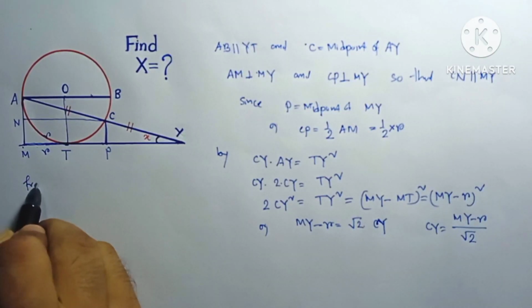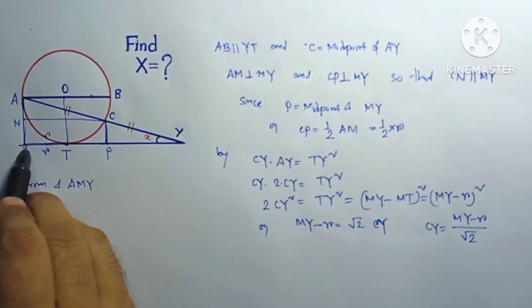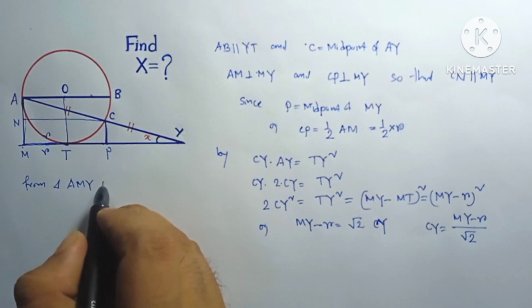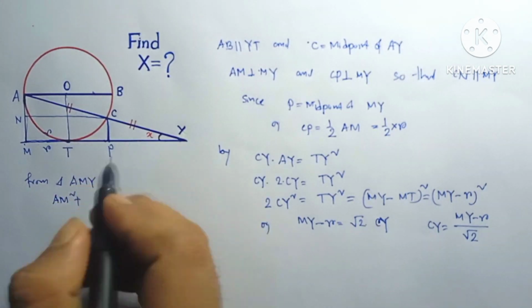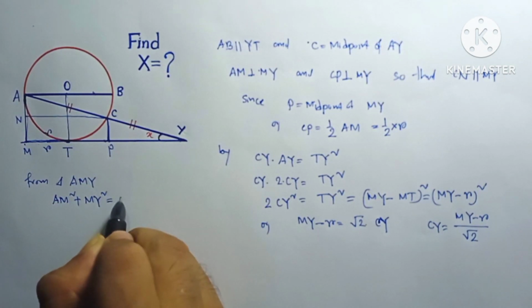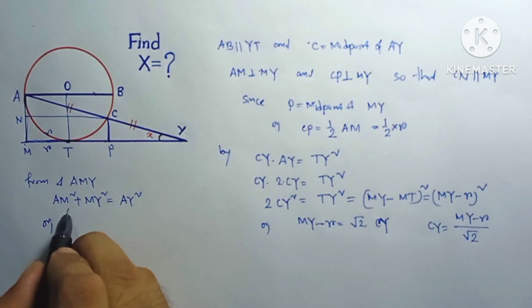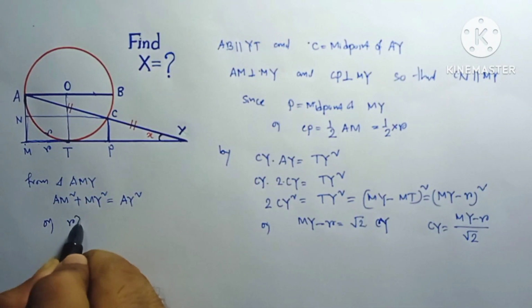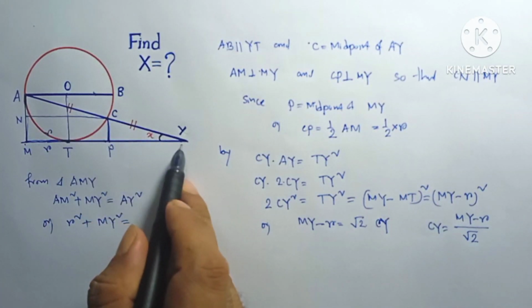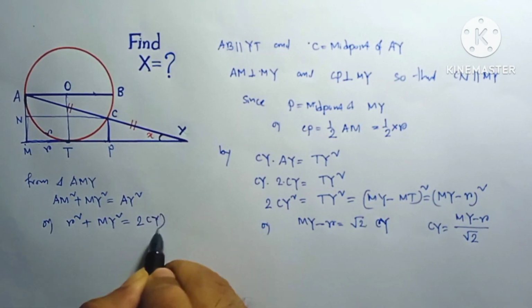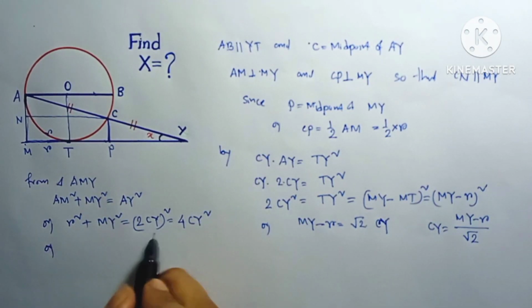From triangle AMY, by using the Pythagoras theorem, you can write AM square plus MY square is equal to AY square, or R square plus MY square is equal to AY square. AY means 2CY, so 4 CY square.